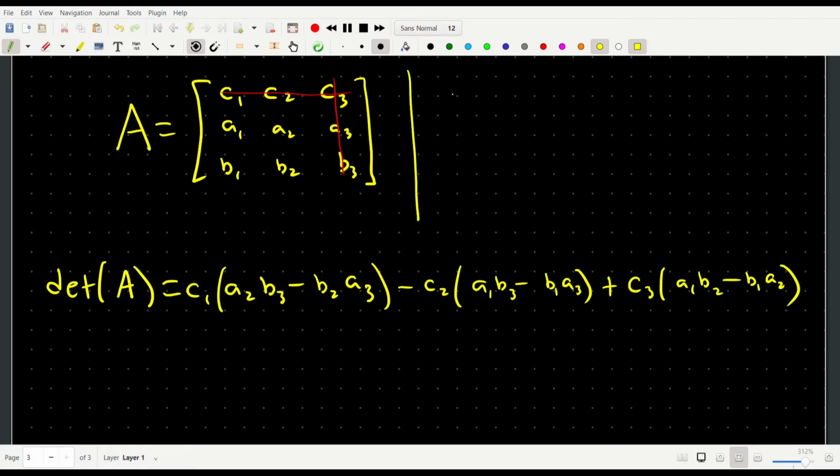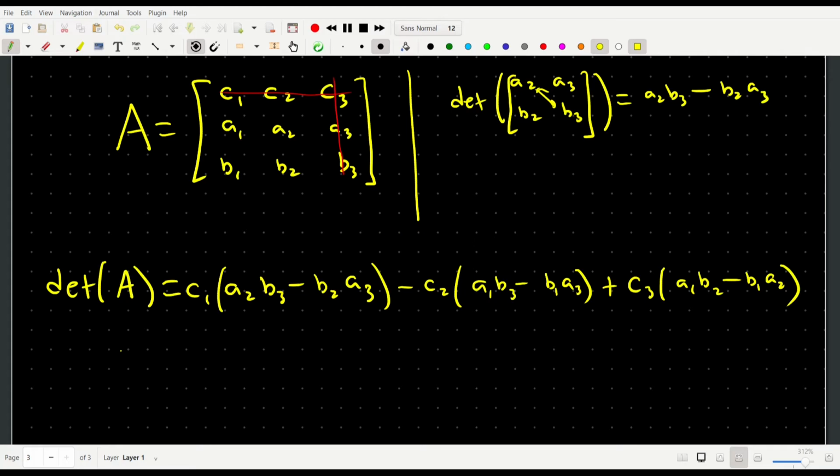For any 2 by 2 matrix, say just in general, for instance A2, A3, B2, B3, the determinant of this 2 by 2 matrix is computed by multiplying the diagonal components, A2 B3 minus B2 A3.